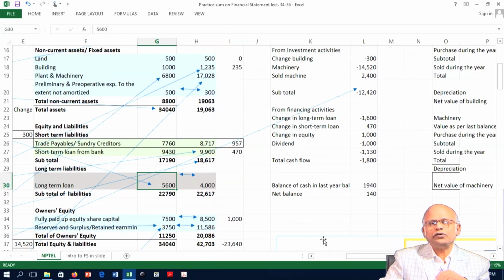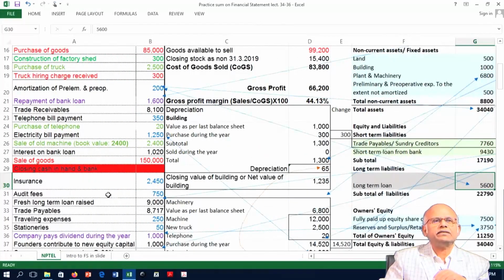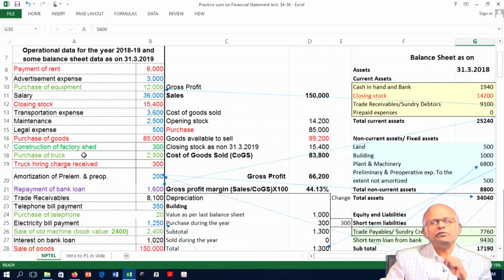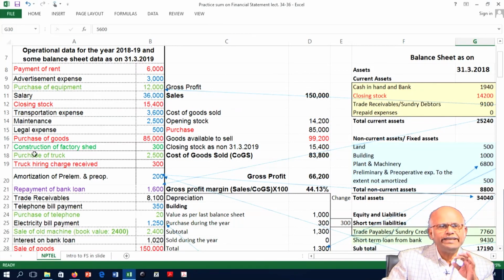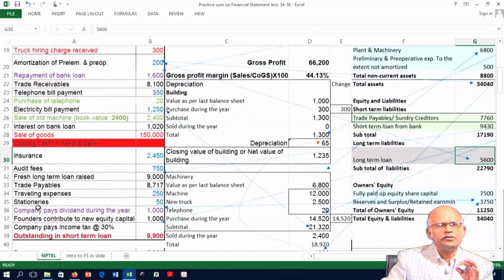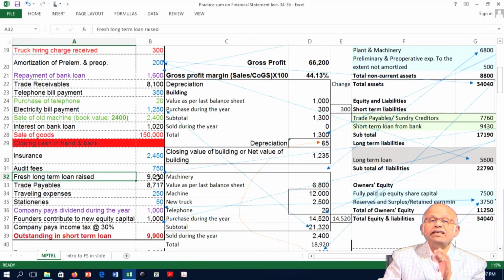But let us see what was the long term loan situation here. So, we have a balance that is there in the balance sheet. Now, we have to see whether we have raised any fresh long term loan. Fresh long term loan raised should be given here, otherwise we will not be able to estimate. So, here you look at this, fresh long term loan raised is 9,000, maybe 9,000 crore rupees.